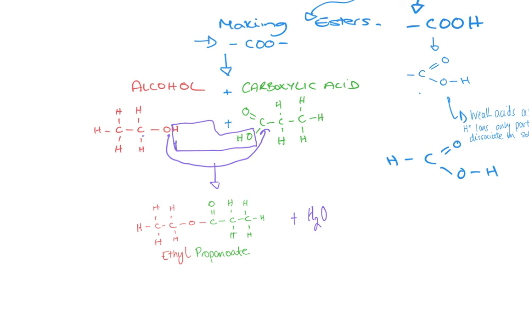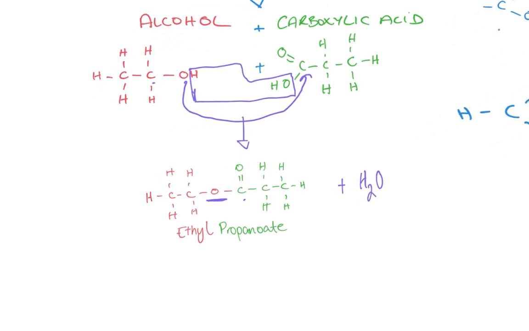And so what you're left with is your alcohol part first here with your ester linkage, that's what we want to call it. And then your C double bond O, this is your carboxylic acid part. Now, the naming of esters is in the form something with YL at the end and then something with OATE at the end afterwards.